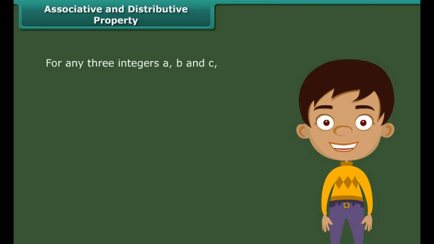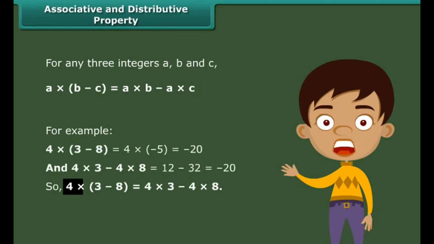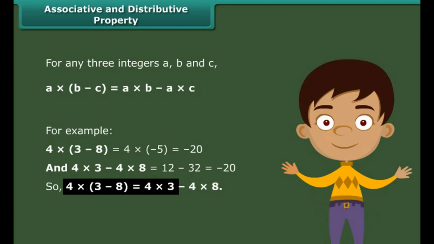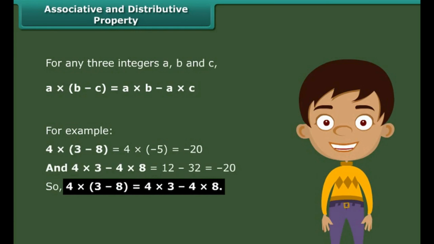Similarly, for any three integers a, b, and c, a × (b − c) is equal to a × b − a × c. For example, 4 × (3 − 8) is equal to 4 × 3 − 4 × 8.